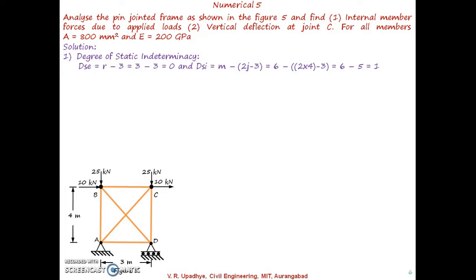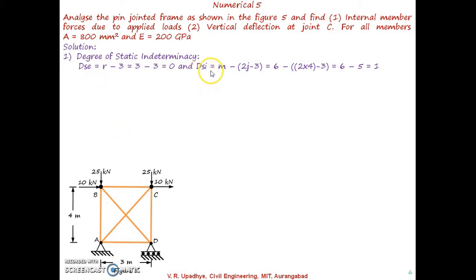That is R minus 3, because we have three equations of equilibrium in case of plane structures. In this particular case, support A is hinge support and support D is roller support. So we will be having three different reactions and three equations. So R minus 3, that is 3 minus 3 is equal to 0. So this is an externally determinate structure.